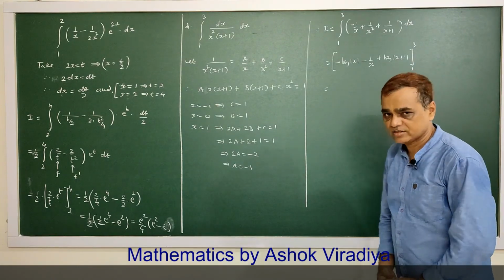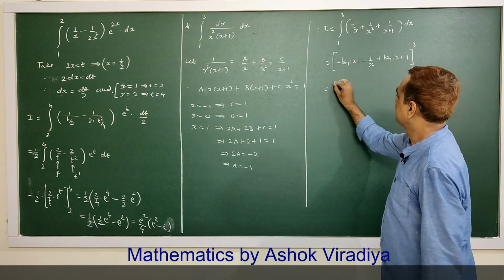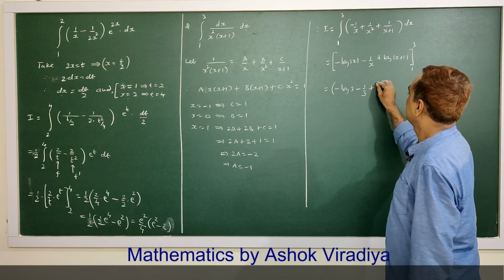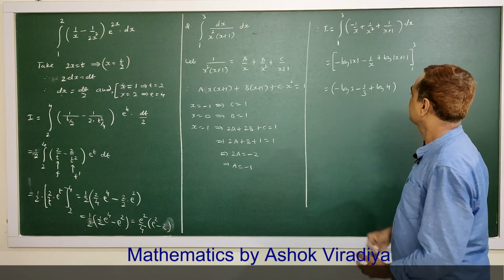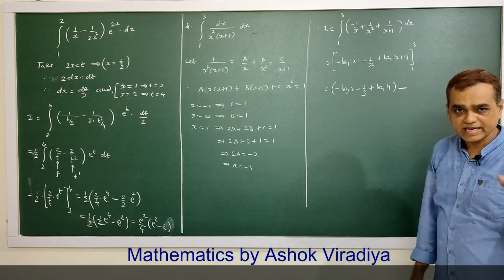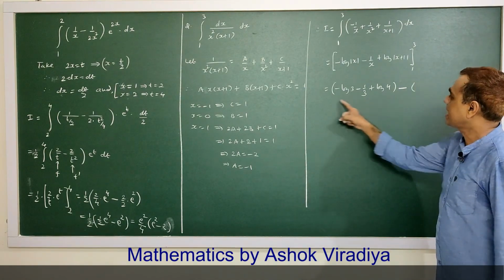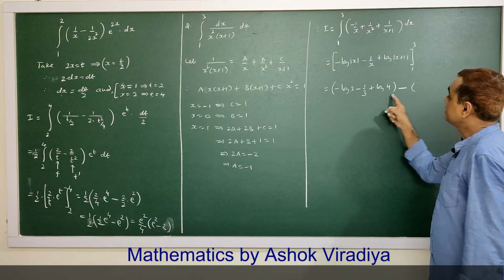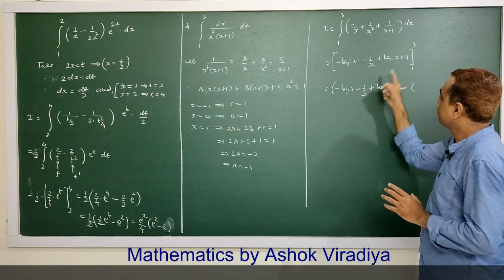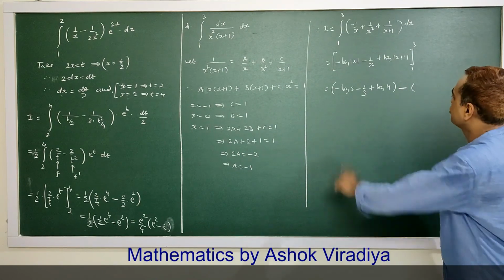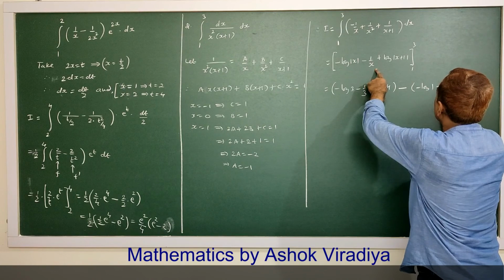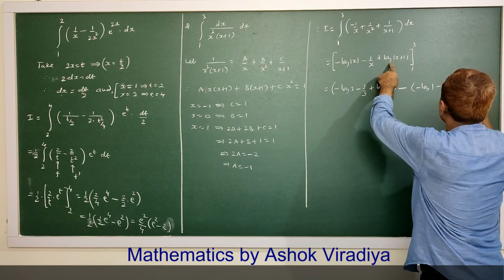Now putting limits, here putting 3: minus log 3 minus 1 by 3 plus log 4. Now putting the lower limit, so minus f(b) minus f(a): putting here 1, minus log 1 minus 1 by 1 plus log 2.